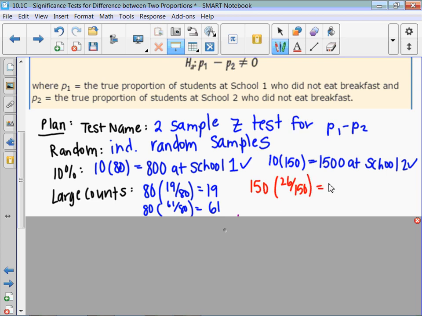Notice that the 150s cancel. And then we have 150 times 1 minus this, which would be 124 over 150, which gives me 124. And so are all of these greater than or equal to 10? Yep, this one is, this one is, this one is, this one. So we're good to go. We have large counts, which means we have normality.